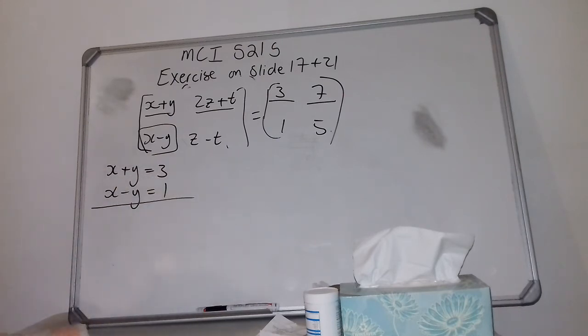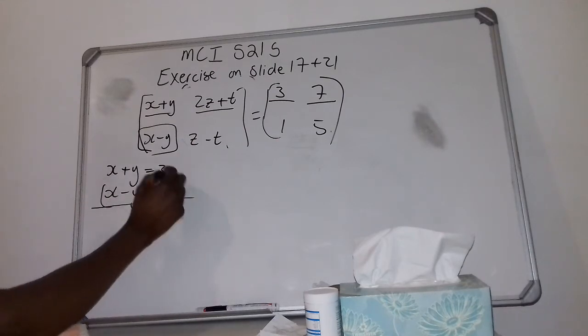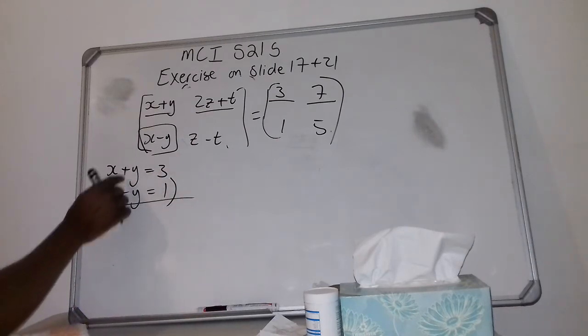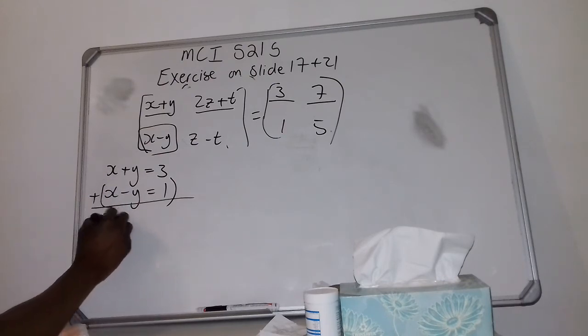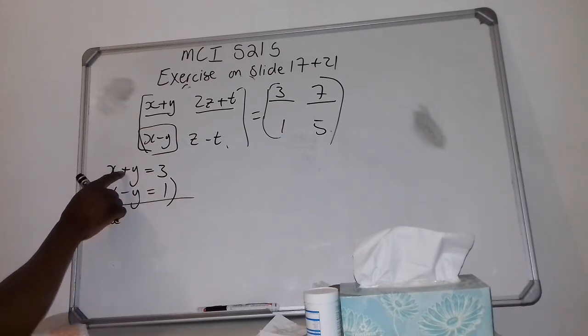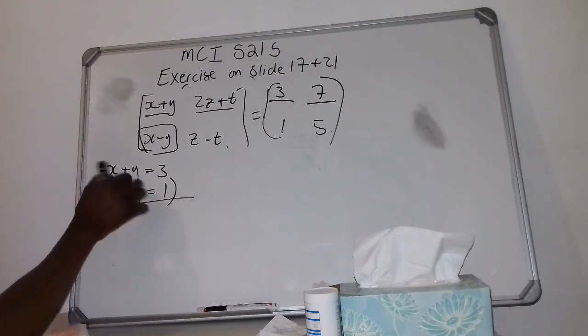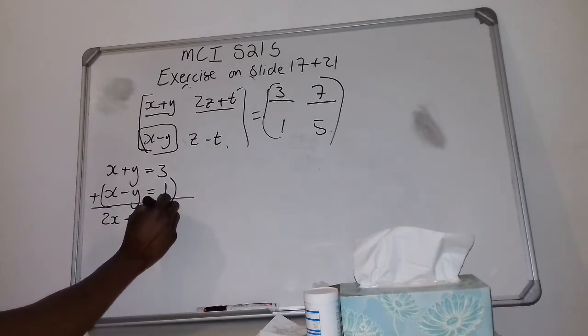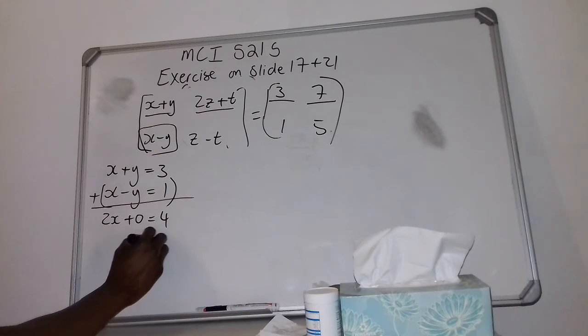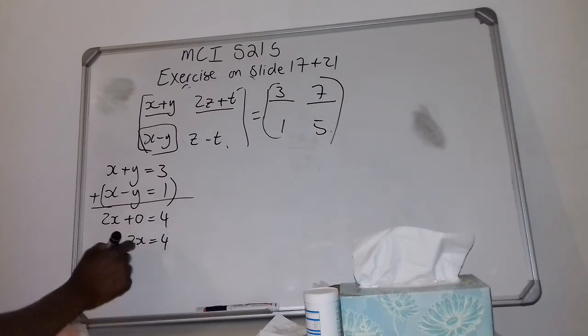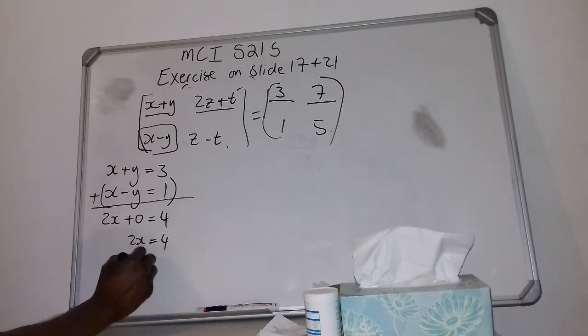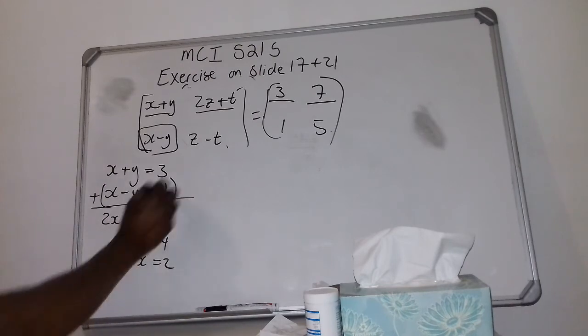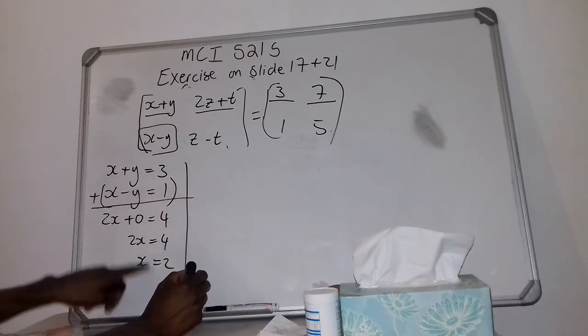I want to eliminate y. The signs are different, so I'm just going to add. 1x plus 1x, I'm going to get 2x. Y plus negative y, they'll cancel each other. Now we get a 4, so 2x is equal to 4. If I divide both sides by 2, x gives me a 2. I got the x, I should now find the y.